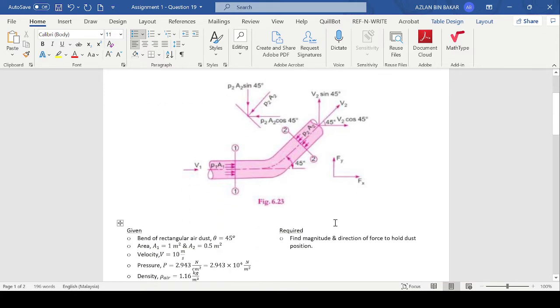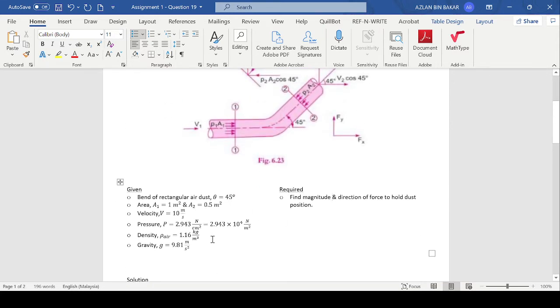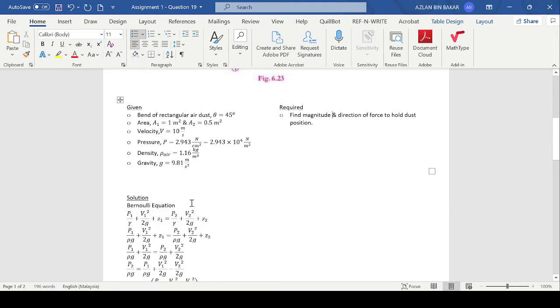To solve this question, which is the solution, basically we need to write the Bernoulli equation. The Bernoulli equation has two types, I think.